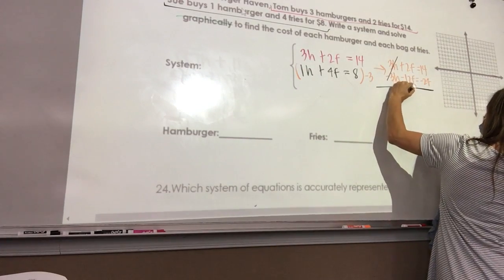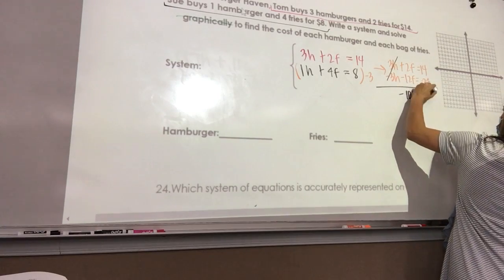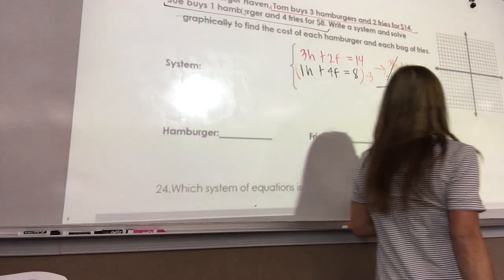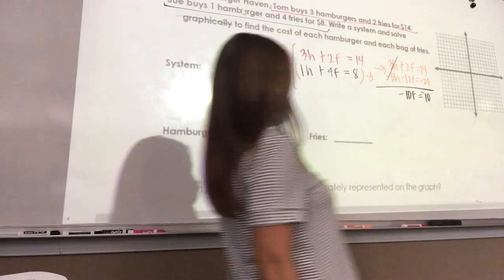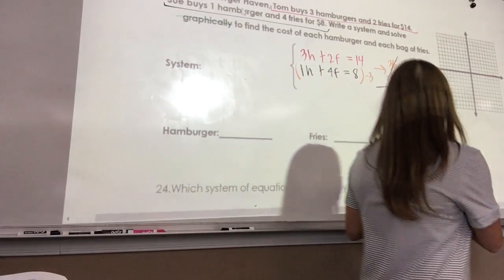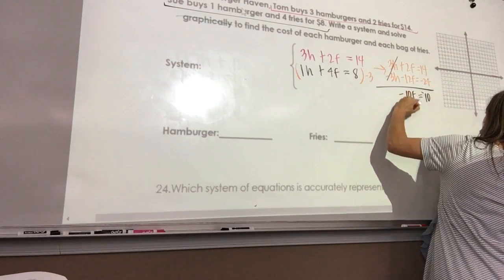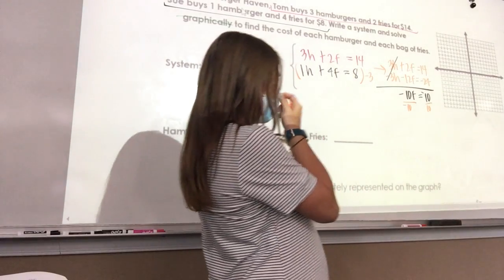Let's see. Negative 10, sorry. And then we can divide by negative 10. This can also kind of help you check your signs.